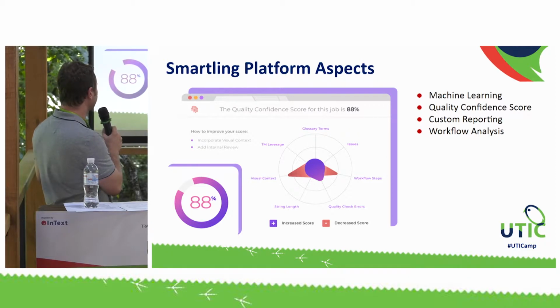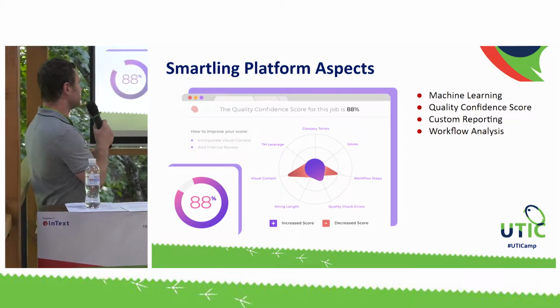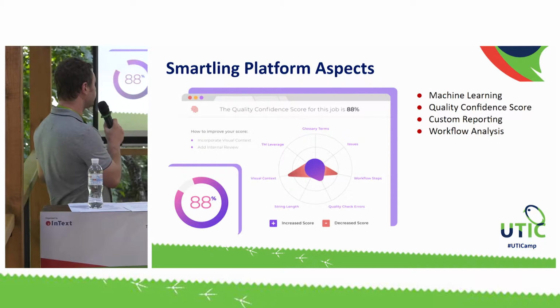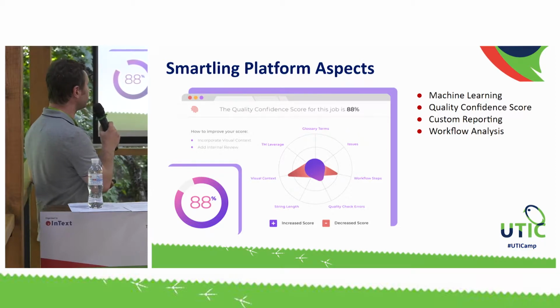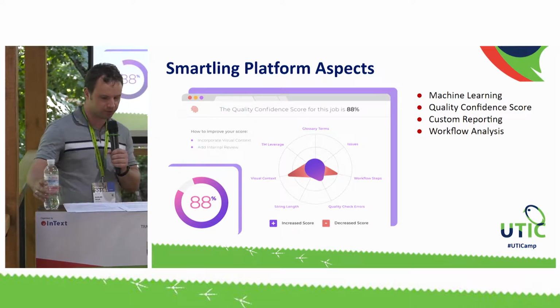If you don't have any context, that is a very big impact to your quality. This is something we're going to talk about in general. The visual context essentially is a quality metric that is very important to the overall quality of translated content.